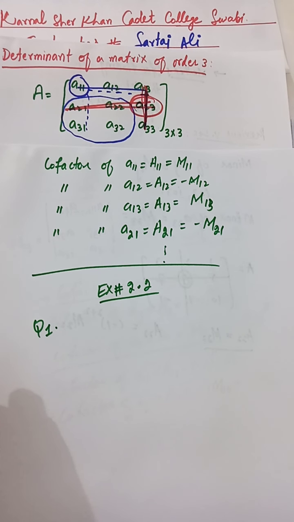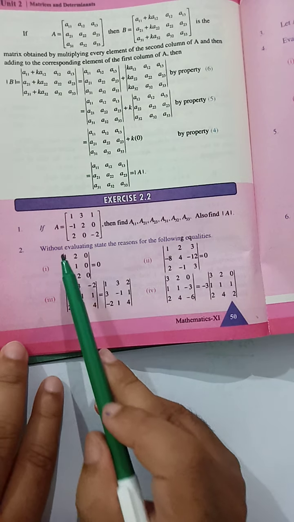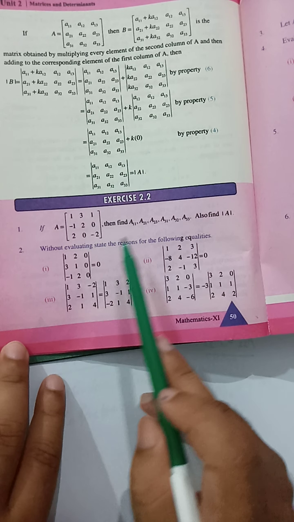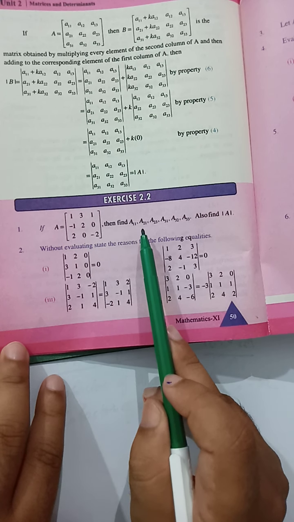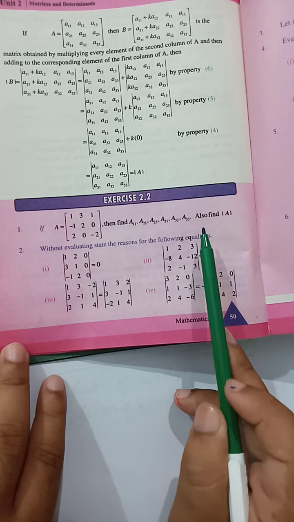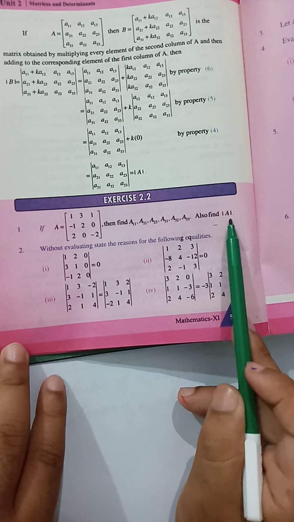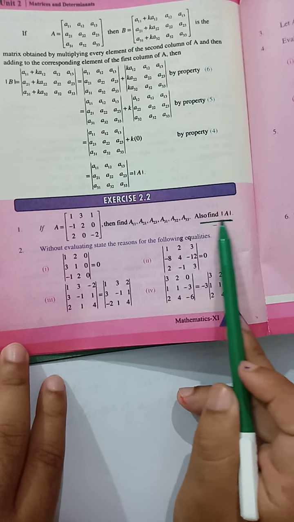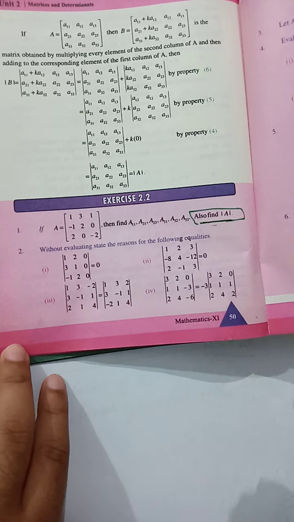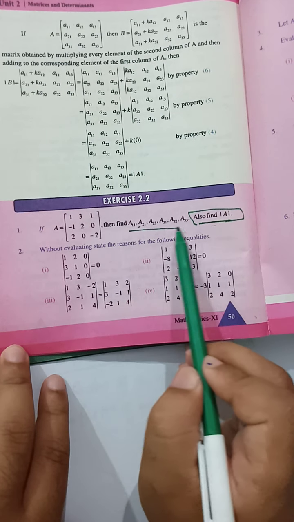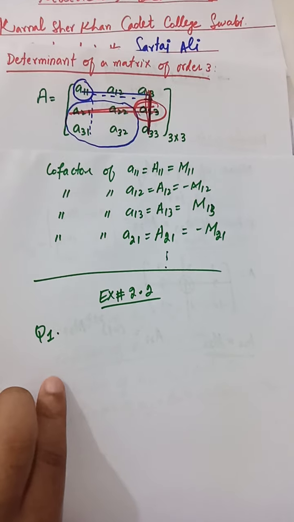The matrix A is given, a square matrix of order 3 by 3, and you need to find cofactor A11, A21, A23, A31, A32, A33, and also the determinant. But we haven't discussed how to find the determinant, so leave it for the next video. I am just finding the cofactors that we know.